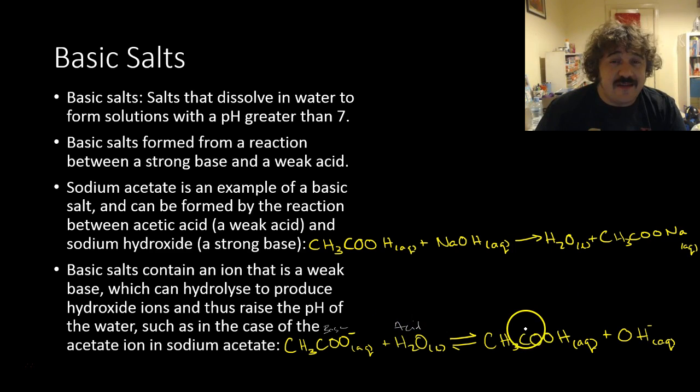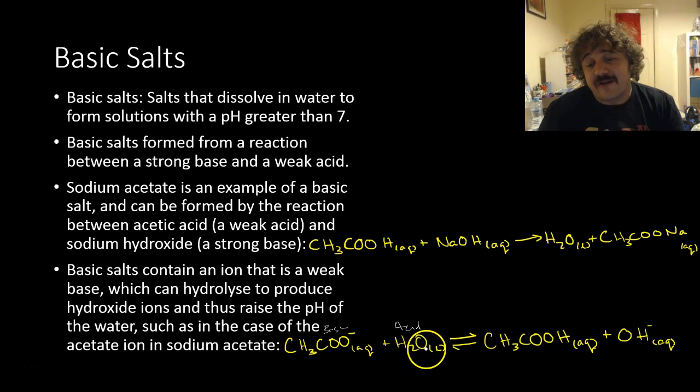Okay, which means this is the conjugate base, and this one here is the conjugate acid. And that makes sense that this would be a conjugate acid, because if the reaction was reversed, this is acetic acid, which would be giving a hydrogen to the hydroxide.